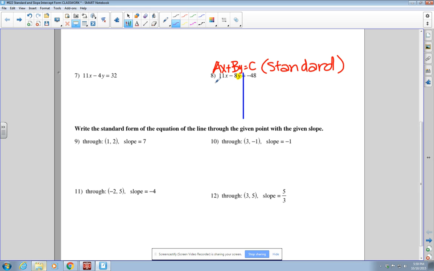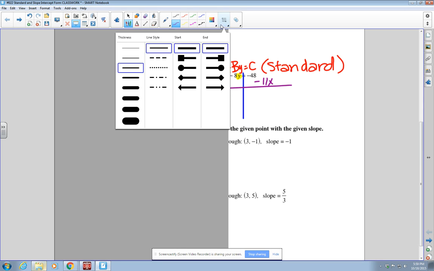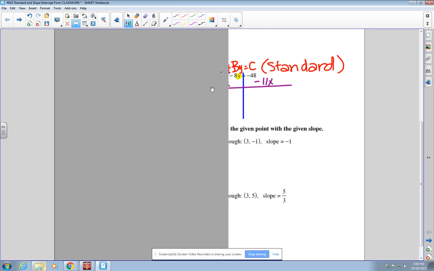So first step is we're going to get rid of that 11x. So I'll subtract 11x from both sides. And then again, please remember, whenever we cancel that, we will drop a negative 8y. Okay, so I'm going to write a negative 8y is equal to negative 11x minus 48.